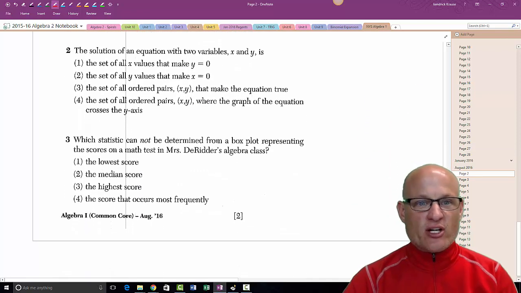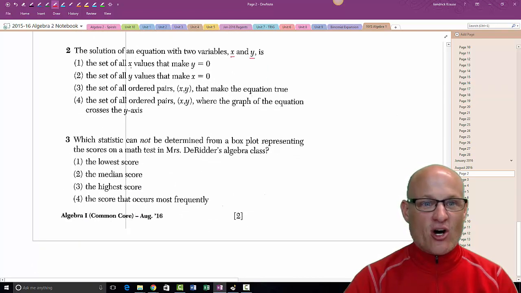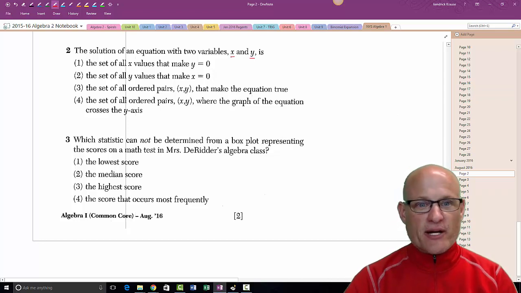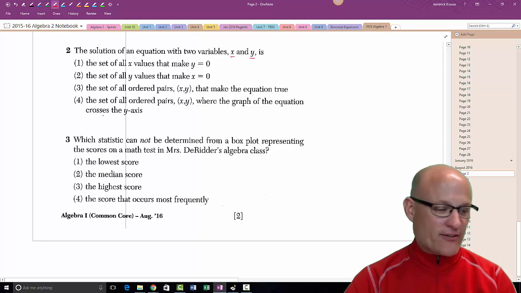The solution of an equation with two variables x and y is the set of all x values that make y equal to 0. The set of all y values that make x equal to 0. The set of all ordered pairs x, y that make the equation true. The set of all ordered x, y where the graph of the equation crosses the y-axis.